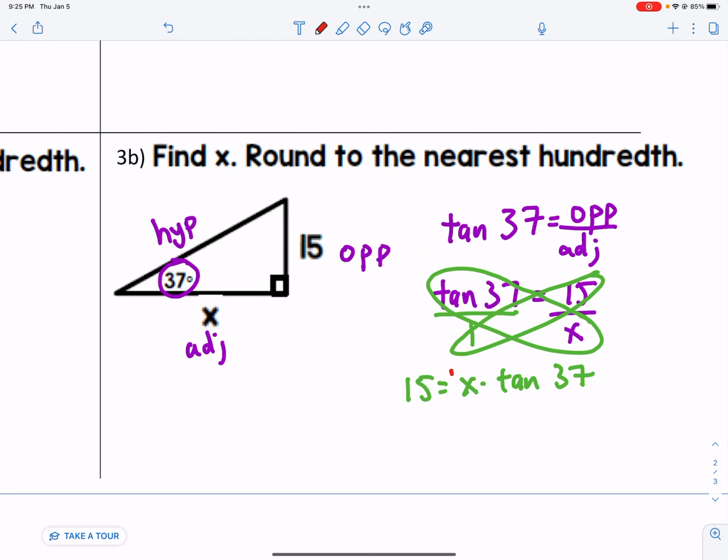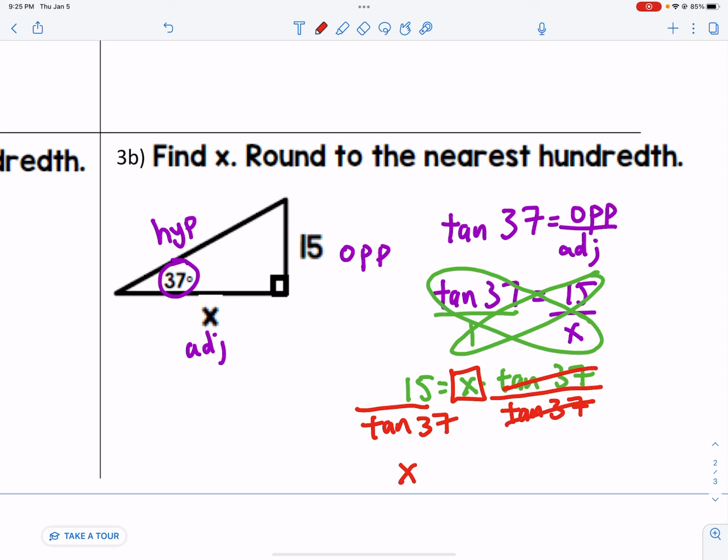Solving for x means I box this, and I get this on the other side by dividing both sides by tangent of 37. That cancels. x is equal to 15 over tangent of 37. And using my handy dandy calculator, 15 divided by tangent of 37 is 19.91.